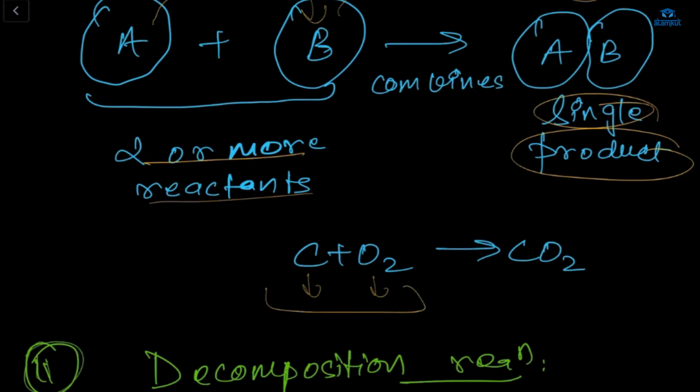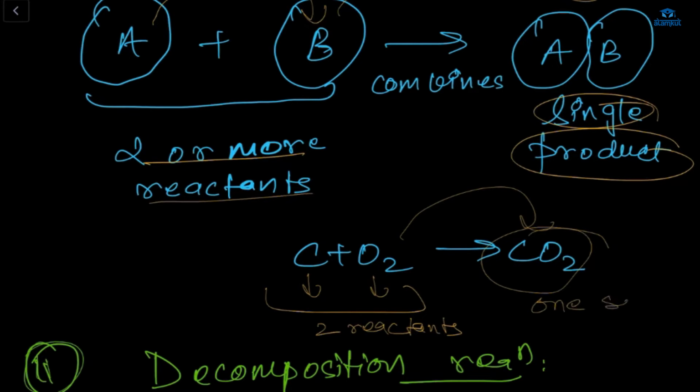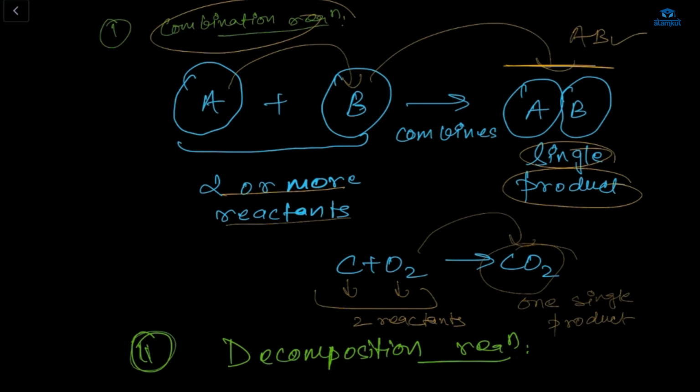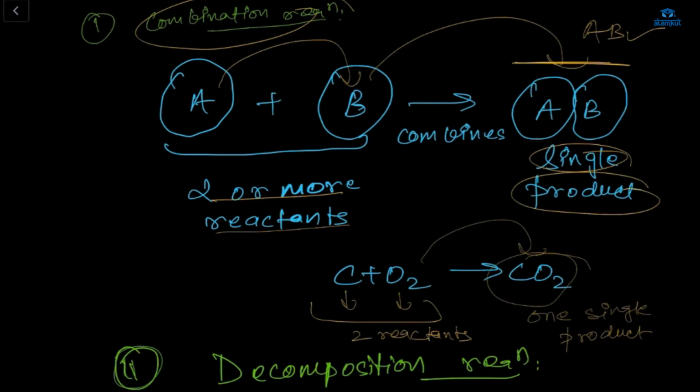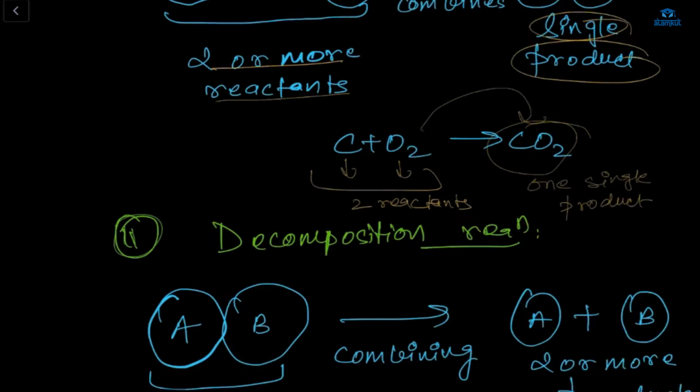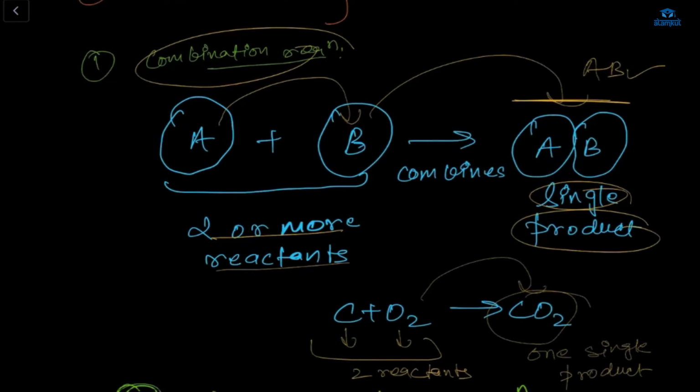These are my 2 reactants, which are combining and forming one single product, which is carbon dioxide. Carbon dioxide is gas. So this is very simple. 2 or more combining to form a single product. This is my combination reaction.